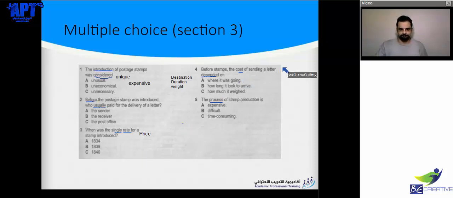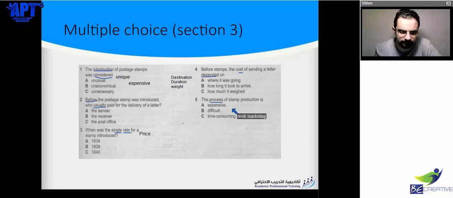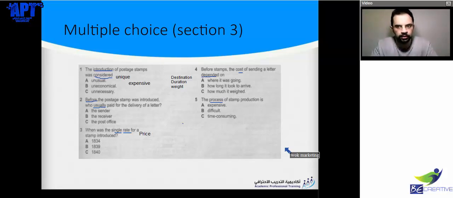Because previously each letter was charged not so much by size or by weight, but according to its destination. Oh, really? The first stamp was called the penny black. If you've got one these days, they're worth an absolute fortune. They're always bringing out new stamps though, aren't they? So I figure they must be quite easy and economical to produce. Well, yes, but more to the point, it's quite a lengthy business, because there are so many stages to go through. And that concludes questions 1 to 5.